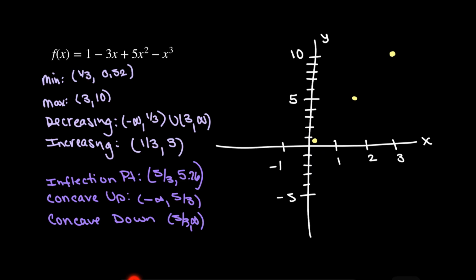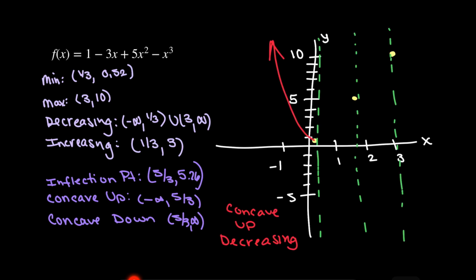And then I'm going to go through and connect the dots, looking at the information I have found about whether the function is increasing or decreasing. So basically, I'm going to look at each region between these points, these dots, and figure out how to draw the curve, how to connect the dots based on what I've already done in terms of increasing, decreasing, and concavity.